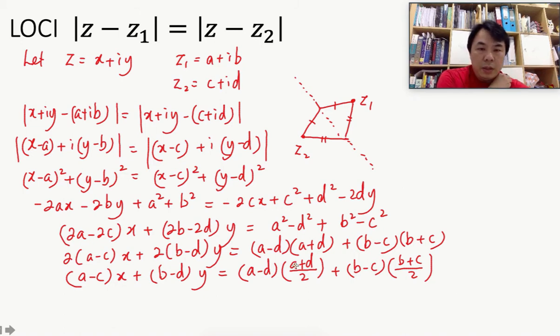Okay, now you will notice the expression a plus d divided by 2. It is because z1 is ab here and z2 is cd. If you take the sum of a and c and average it out, that is the midpoint of the x coordinates between these 2 points z1 and z2.